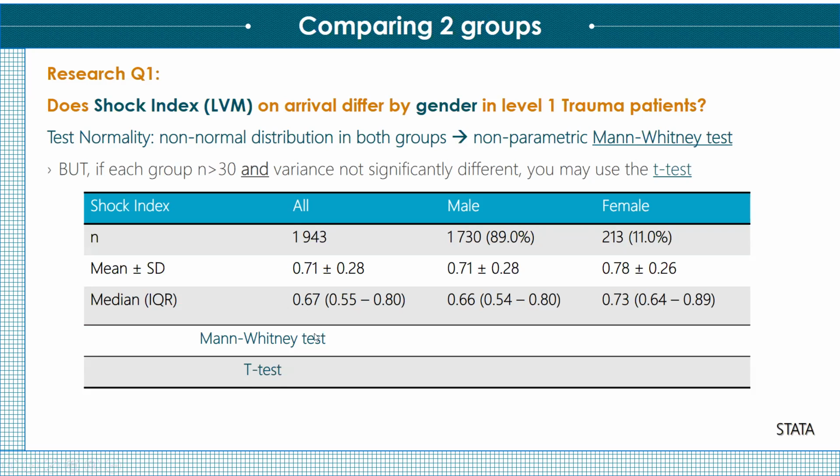So we may apply the t-test, but we are also going to use the Mann-Whitney test just to err on the side of caution. Nevertheless, the fact that it's not normally distributed, regardless of the numbers per group, says you're reporting the median and the interquartile range. So again, let's go to Stata to run these tests and see, is there a significant difference between male and female with regards to shock index?